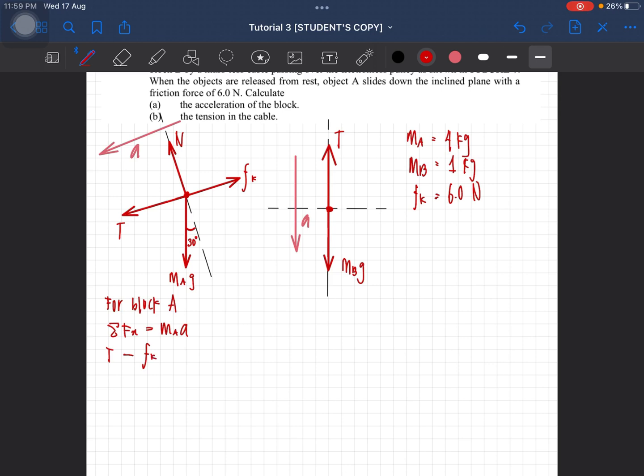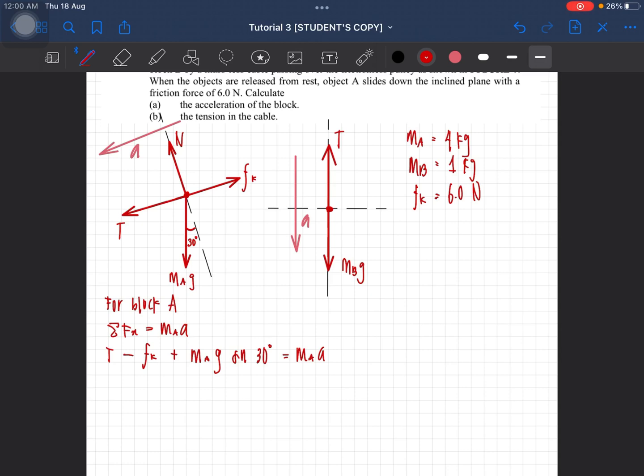This is minus Fk, don't forget mag sine 30, because student always forget to do this one. Okay, so this is positive as well because it is following the direction of acceleration. Okay, so from here F is given, right? Yes, so T is the one that we will substitute later.